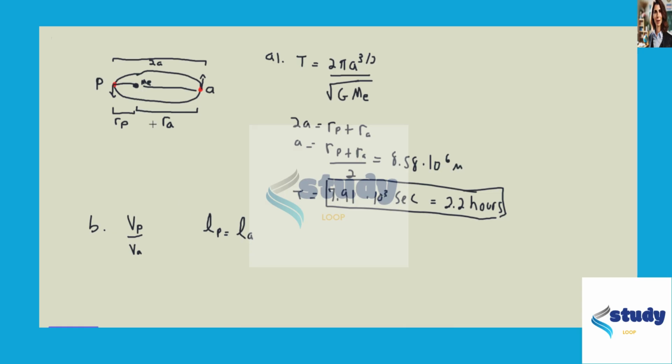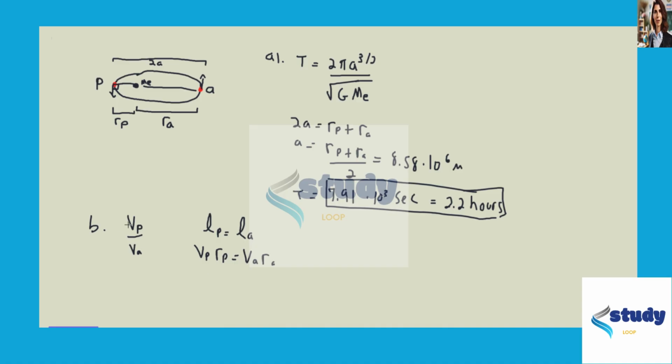Normally there's a sine of theta term in there, but theta will always be 90 degrees here, so that just becomes 1. So we can write these as Vp times Rp should equal Va times Ra.